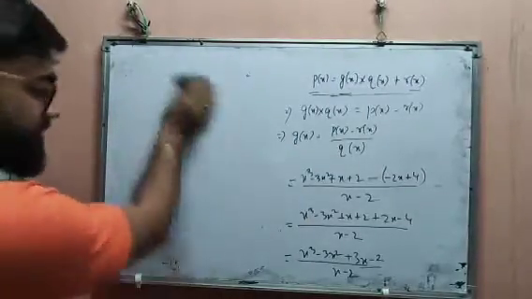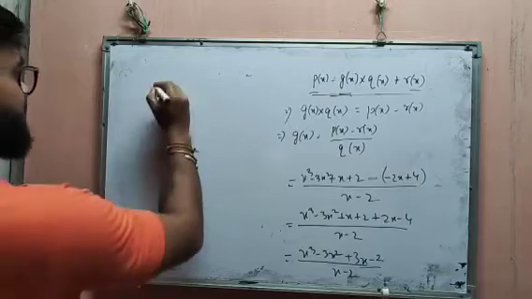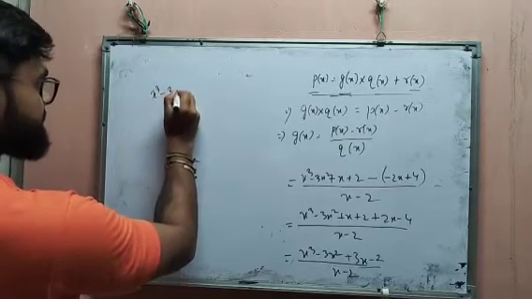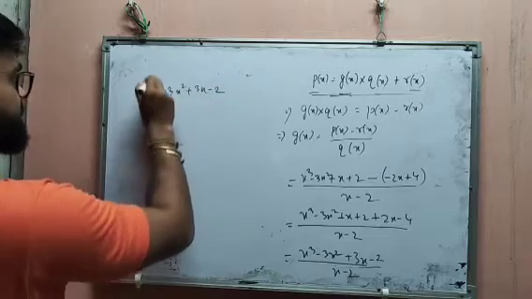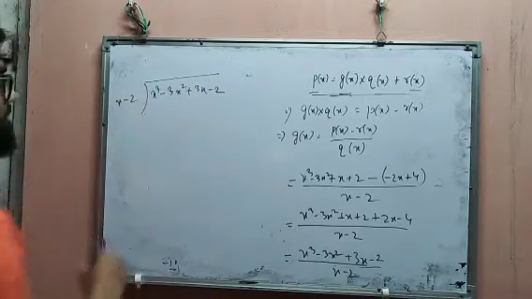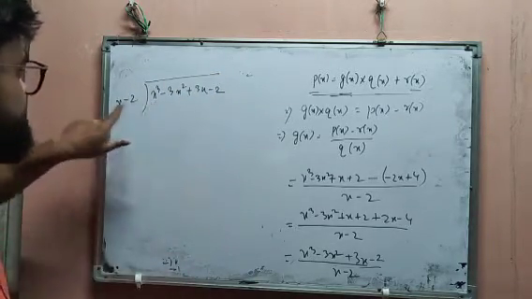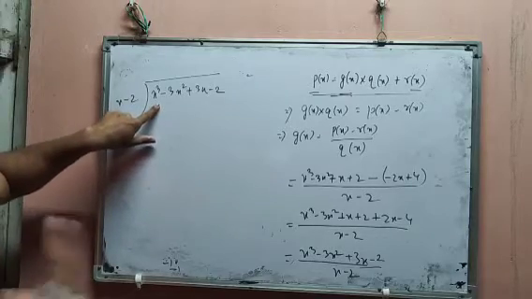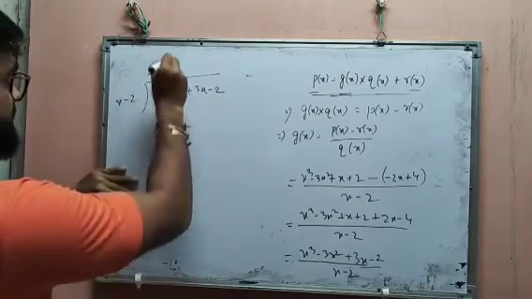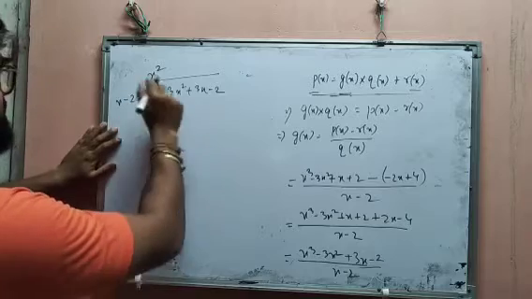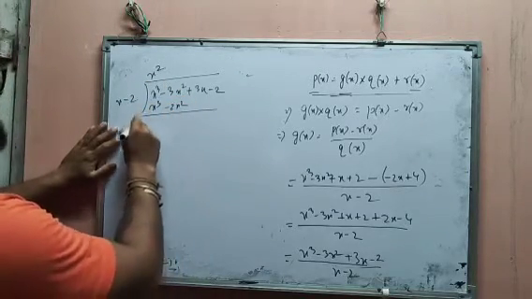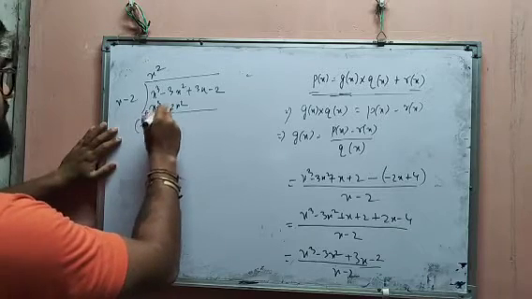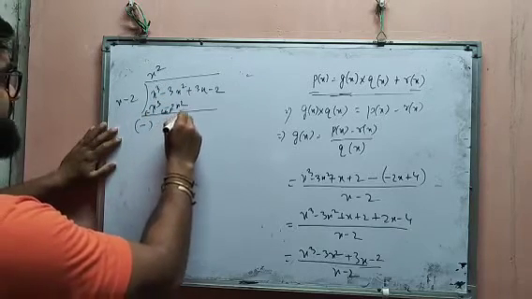See how to divide it, simple: x cube minus 3x square plus 3x minus 2 divided by x minus 2. Same pattern, x cube here, x here, so as we divide, x square will be there, so we give x square times: x cube minus 2x square.